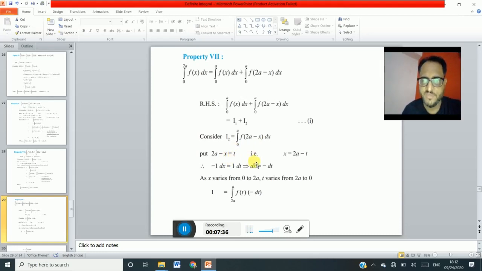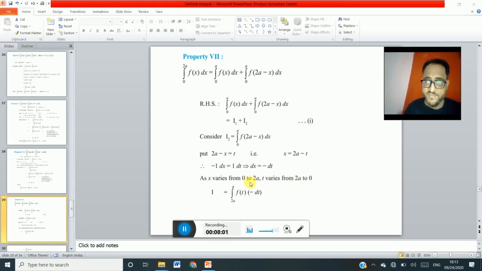So from here x equals twice a minus t, and minus dx is dt, so dx equals minus dt, right? So again the limit changes: as x varies from 0 to twice a, t varies from twice a to 0, right? Okay, sorry, it is again a textbook mistake.